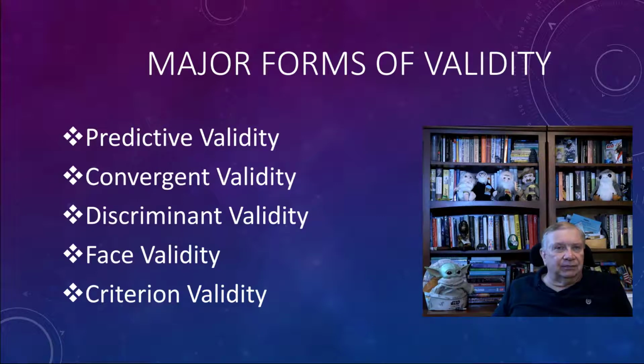Face validity. If I look at an item, can I tell what scale it belongs to or what it's measuring? This goes for questions, and can also go with scales. My favorite thing to pick on: introversion, extroversion. If I ask people on a 1 to 5 point scale, are you 1 very introverted, 5 very extroverted?